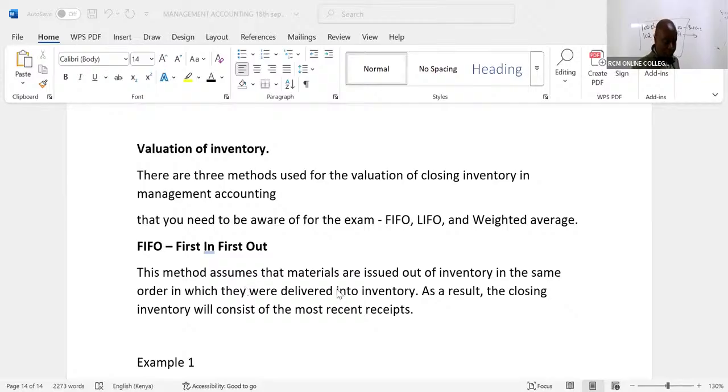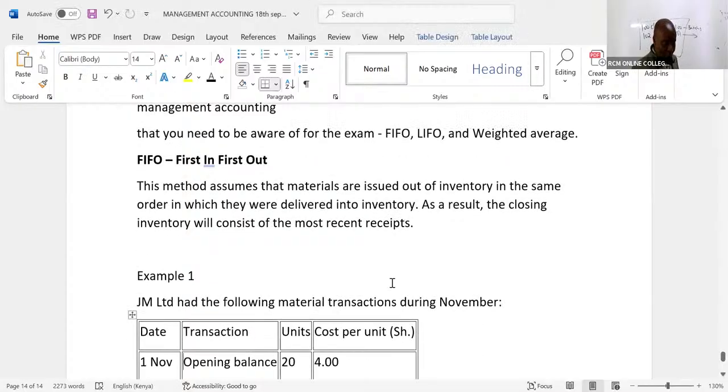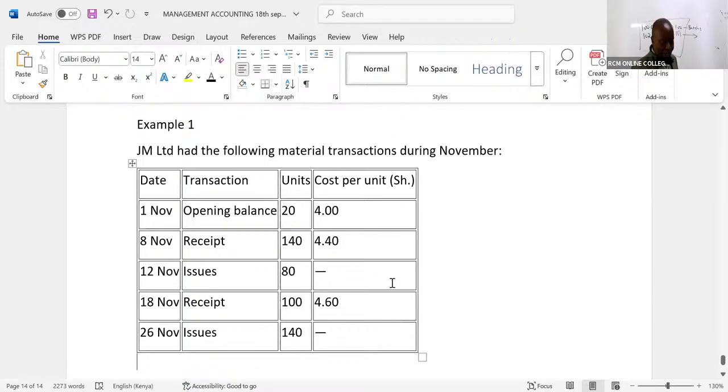So we are using this concept of FIFO. This method assumes that materials are issued out of inventory in the same order in which they were delivered into the inventory. It is a concept of issuing the oldest stocks out first. So we start with example one. JM Limited had the following material transactions during the month of November.